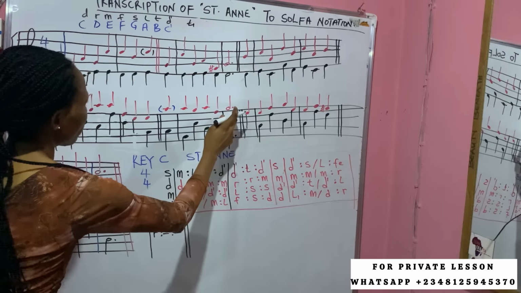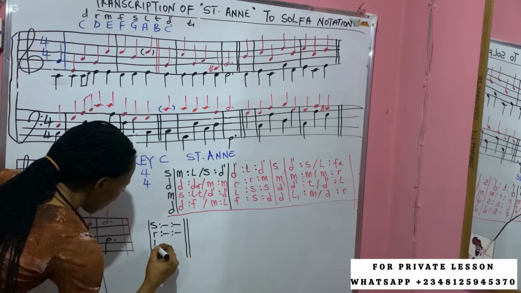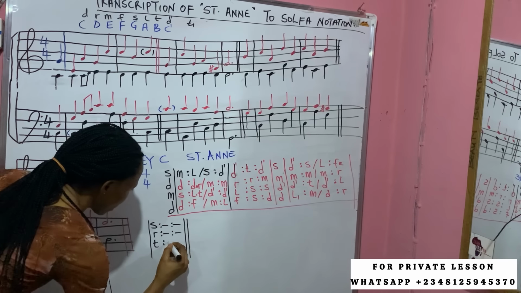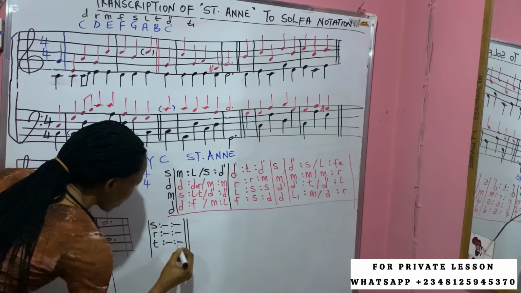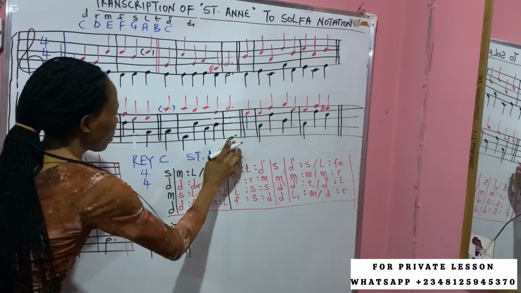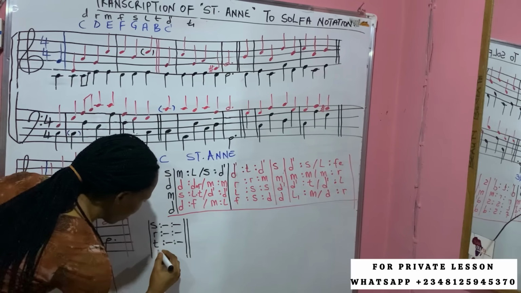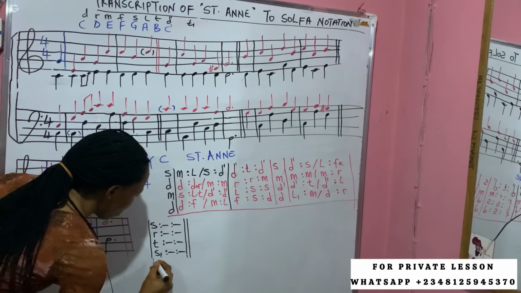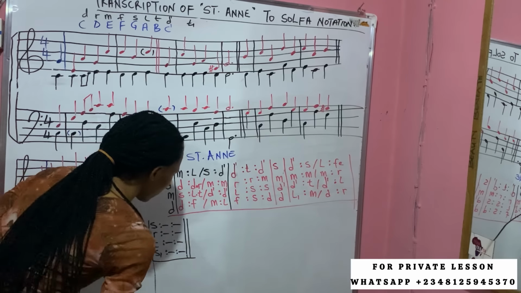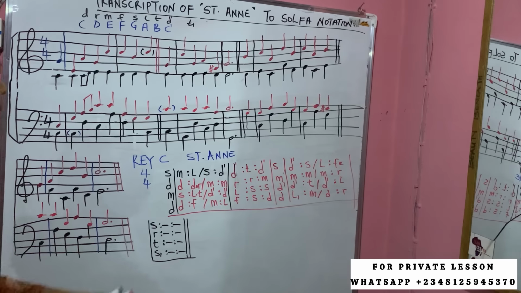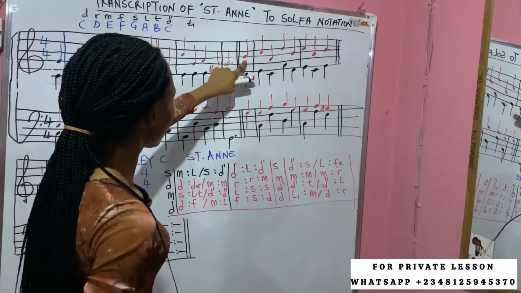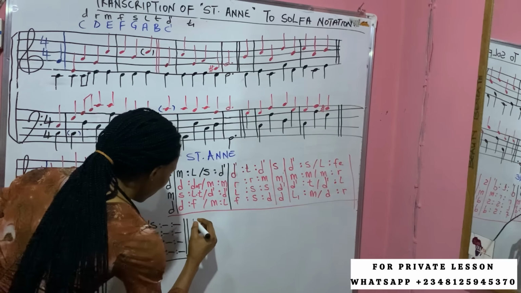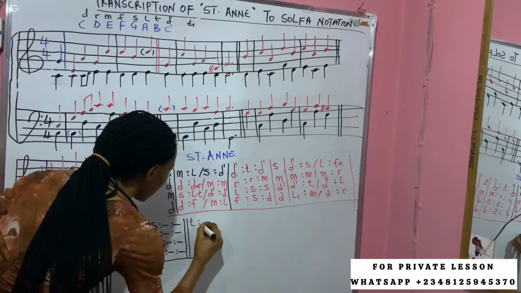Then we have B for the tenor as Ti. And then we have, so this So is below C3, so it's going to be this other subscripted So below. Okay, now we have B as Ti and C as Do. So we have Ti.